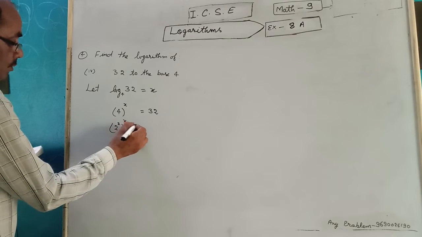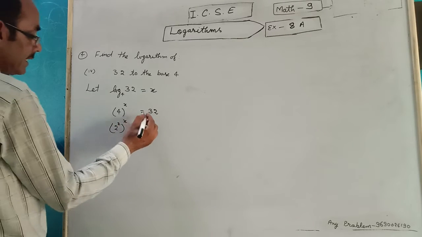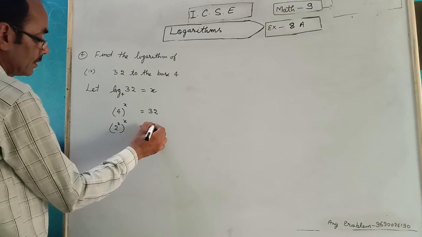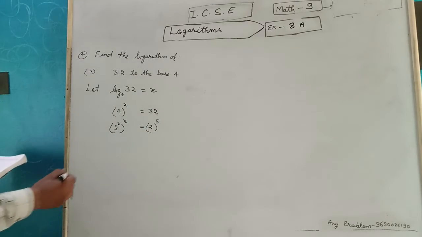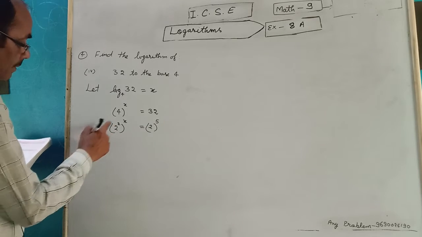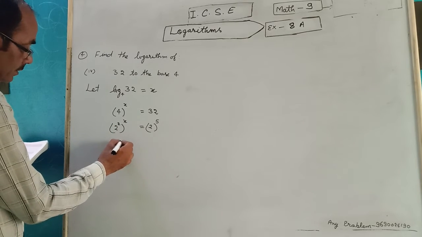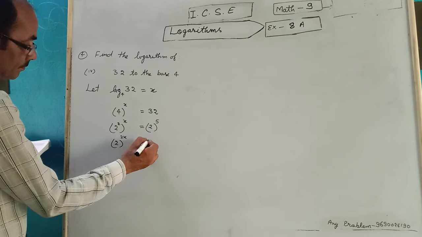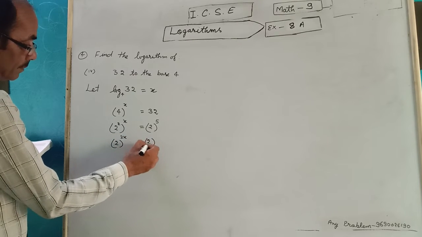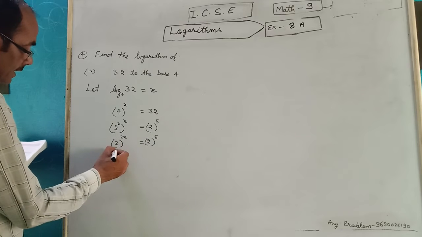Common power. 32 make 2 as power 5. Multiply by power, 2x is equal to 2 as power 5. Base are equal.